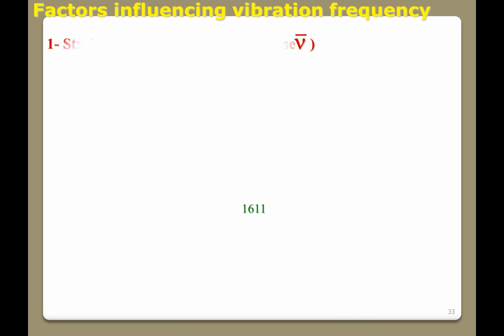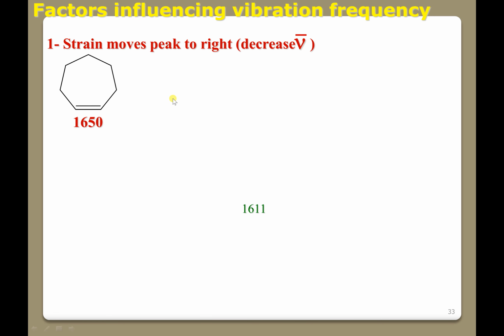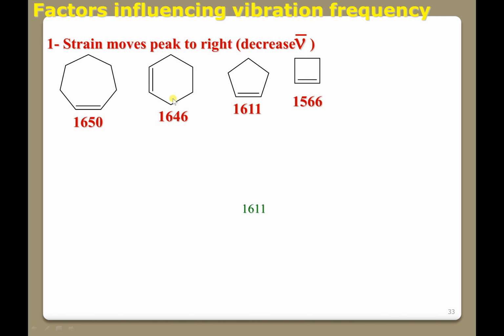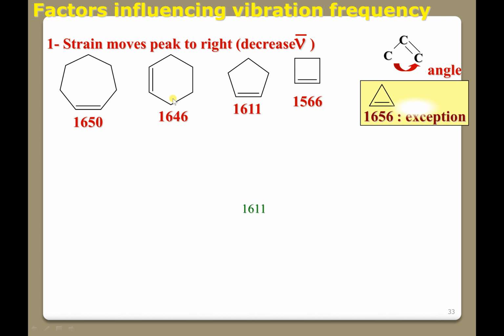So we still continue with the factors affecting the vibrational frequency. Ring strain moves the peak to the right, that is, decreases the frequency. Like you have cycloheptene 1650, cyclohexene is 1646, cyclopentene is 1611, cyclobutene is 1566, and this is an exception.